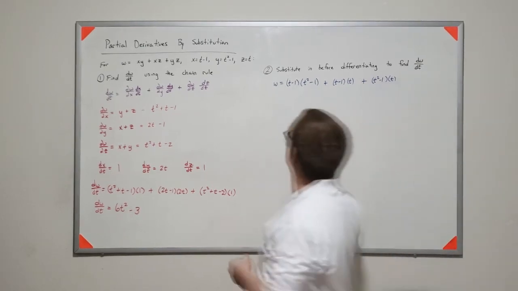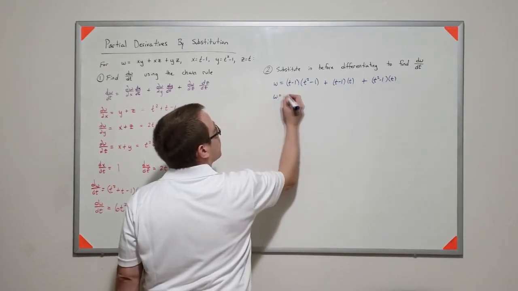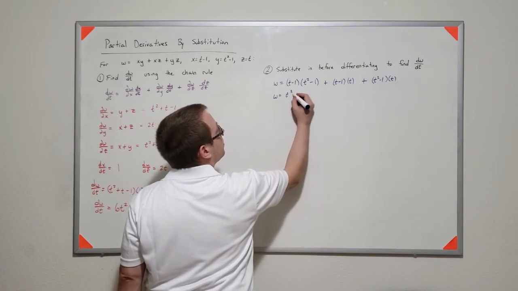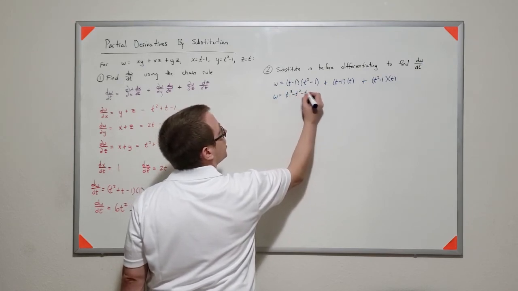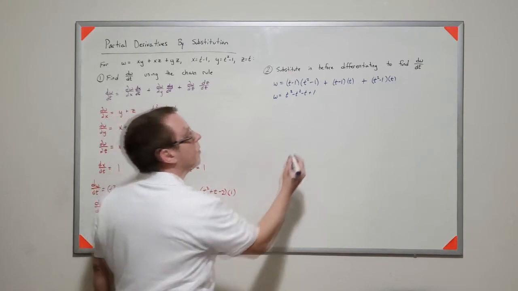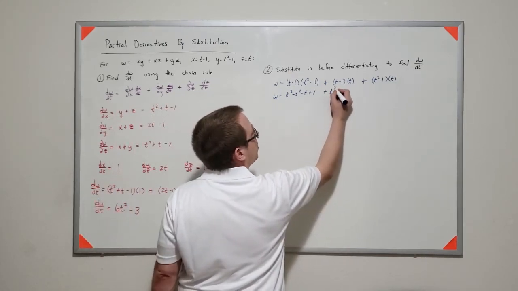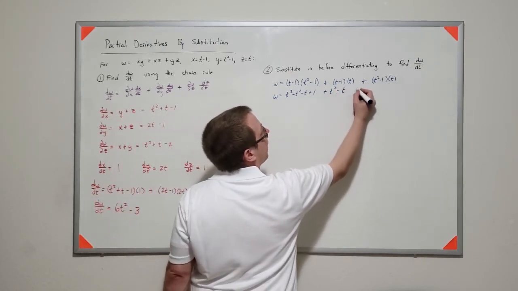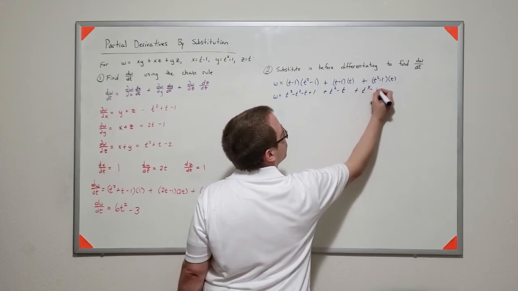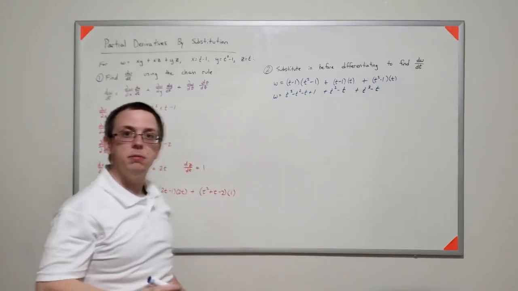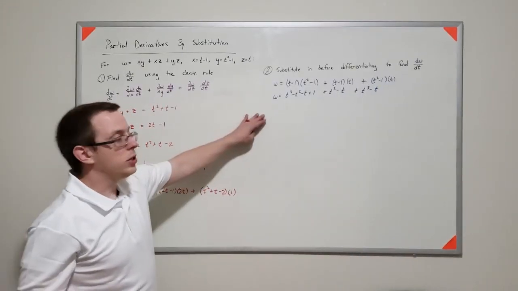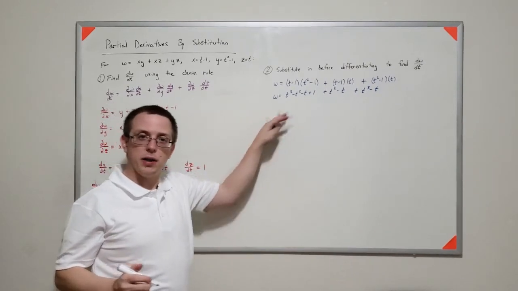All right, so we multiply that out. T cubed minus t squared minus t plus 1 plus t squared minus t plus t cubed minus t. So that's actually not too bad. Let's go ahead and combine like terms here.